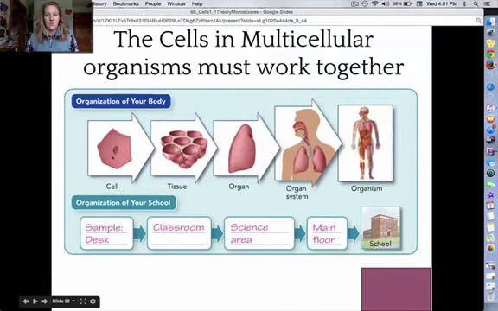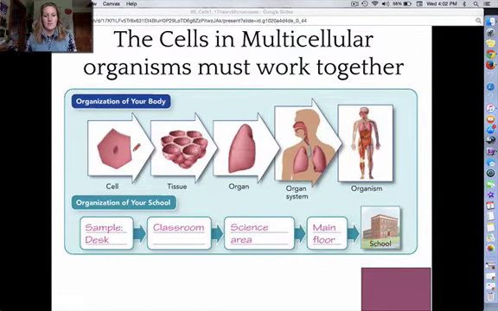So one thing I want to note is that, as I said, there are lots of different types of cells. So this type of cell may make this sort of tissue. There may be another cell over here that makes a different sort of tissue, that maybe has a different shape. There may be another sort of cell here that makes up a different sort of tissue.